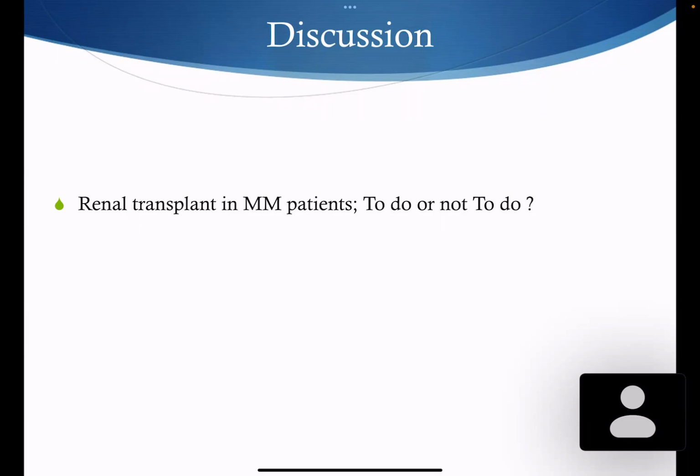With the hematologist, you can ask whether this patient would receive a simultaneous ASCT with a kidney transplant, or would he have an autologous stem cell transplant first, and then a kidney transplant later? It's a big issue to be taken.